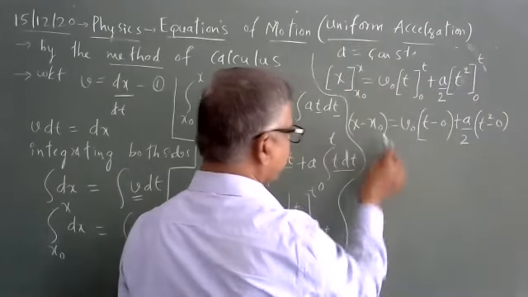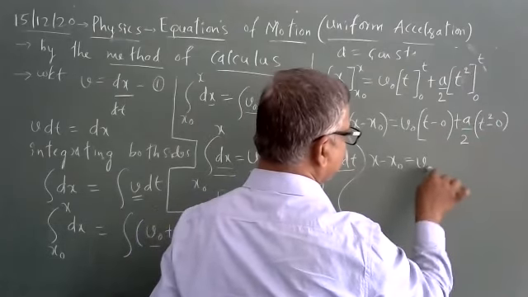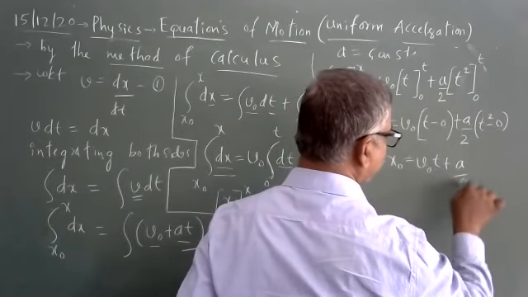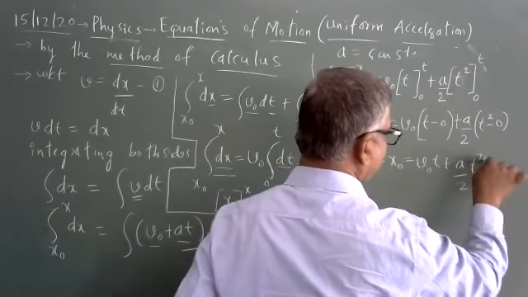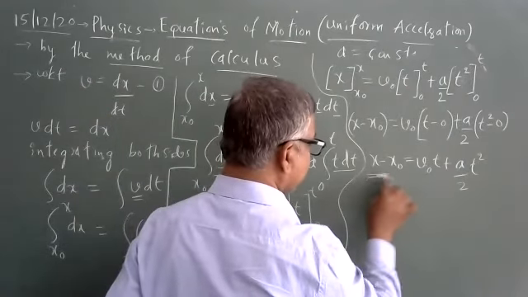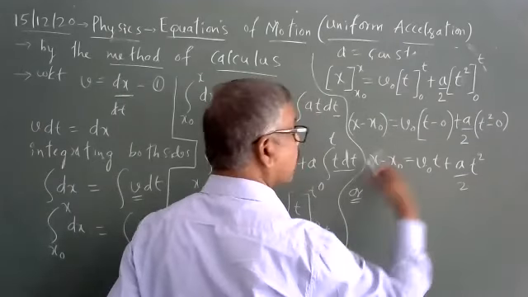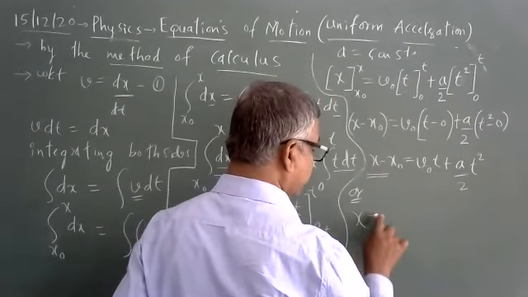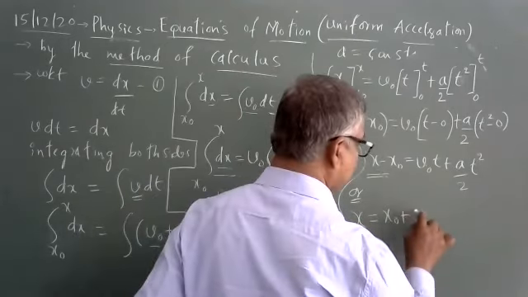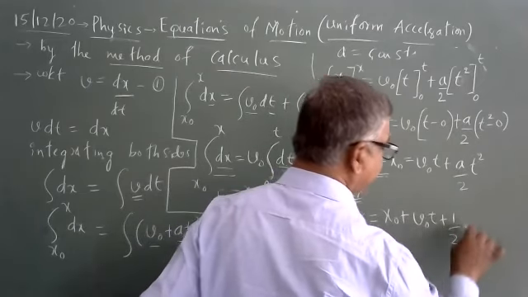When you simplify it, it becomes x minus x naught is equal to initial velocity into time, plus a by 2 into t square. When you cross check everything, this relation is very simple. X naught can be taken to the right hand side. It becomes final position equal to initial position plus initial velocity into time plus half at square, the same equation.